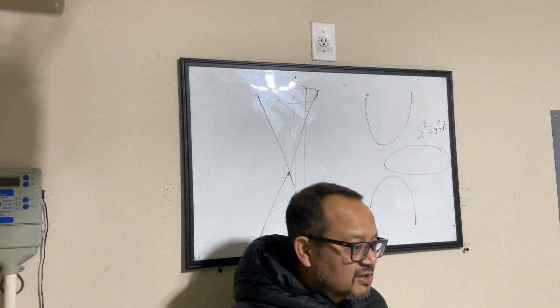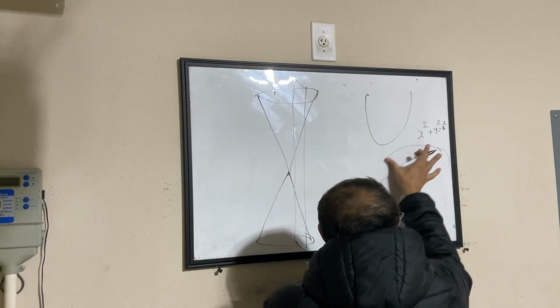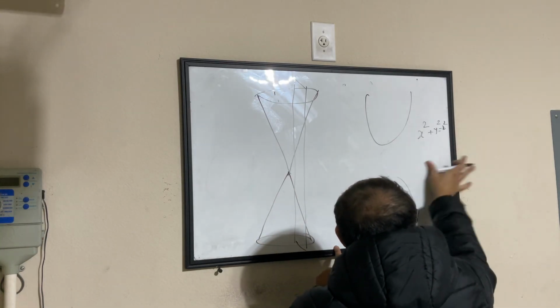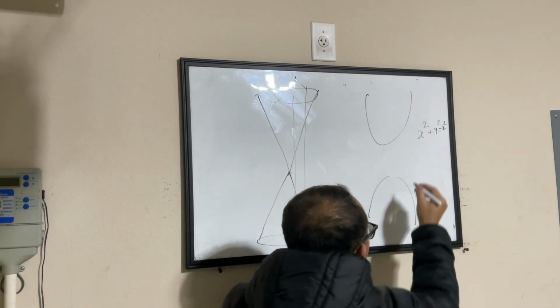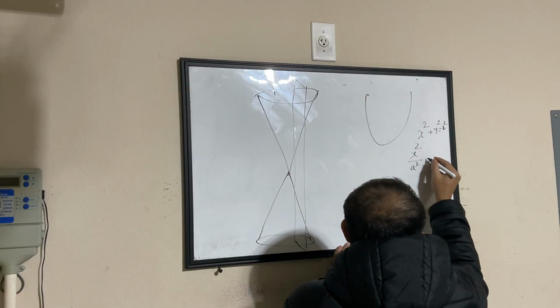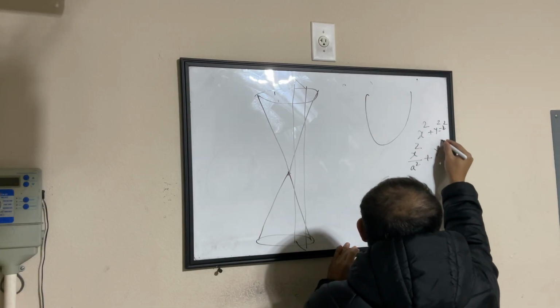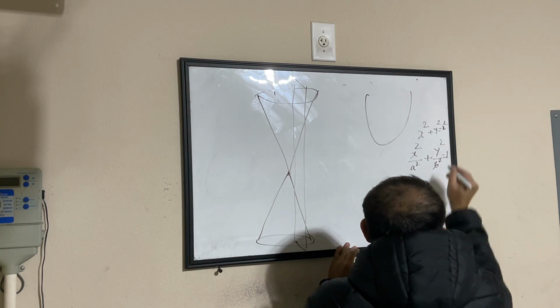It will not make a circle for sure. So that is what we take as a base to put a structure for a hyperbola. My equation for an ellipse is x squared by a squared plus y squared by b squared equal to 1.